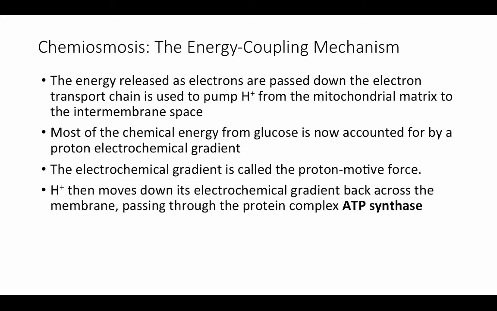What is the proton motive force going to do? So the only way for these hydrogen ions to get out of the intermembrane space is through membrane proteins that synthesize ATP. So the protein complex is called ATP synthase, and that is the only way for hydrogen to get through.